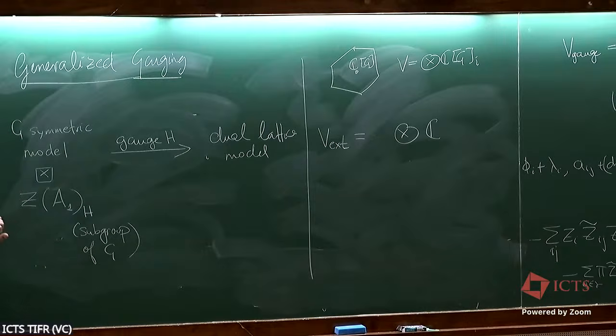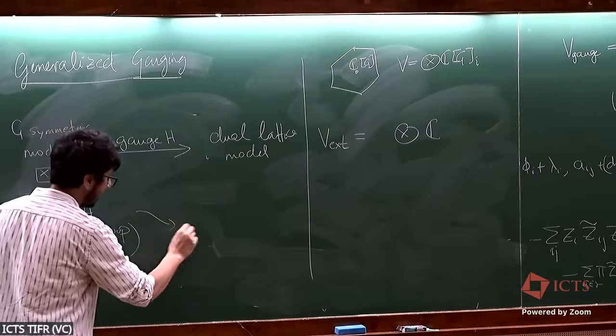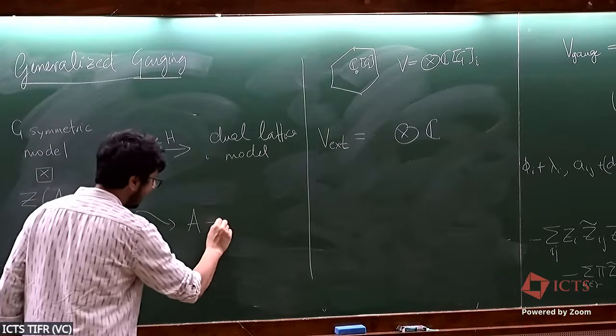So the structure of a modular tensor category that has an H symmetry can be captured in some fusion category A, which is H graded.